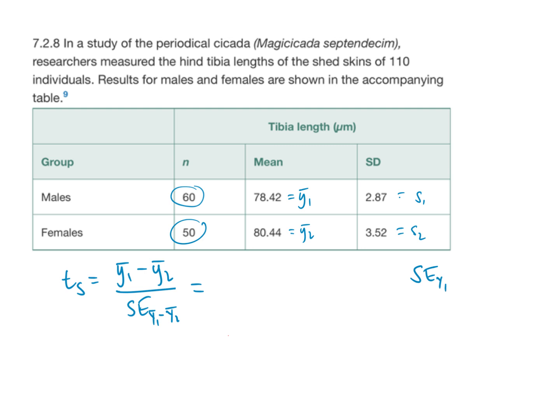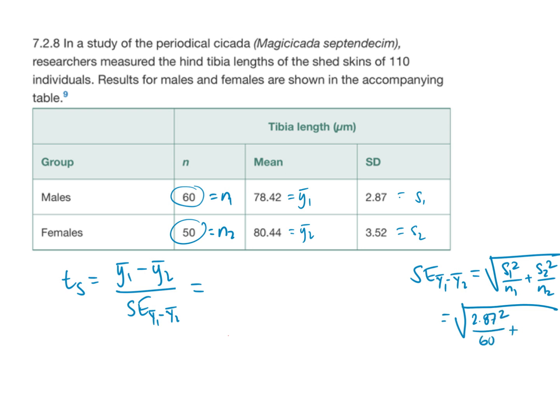The standard error of Y1 bar minus Y2 bar for the two-sample t-test looks like this. S2 squared over N2. And just as a reminder, this is N1. This is N2. And so we'll calculate this as the square root of 2.87 squared over 60 plus 3.52 squared over 50.